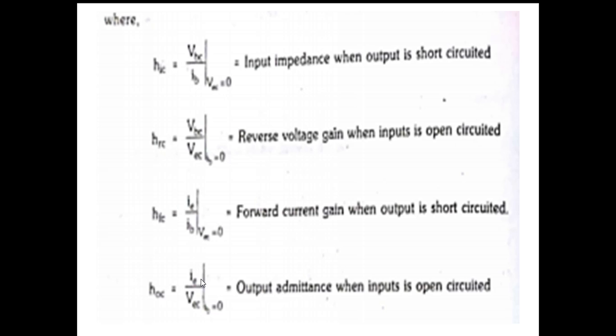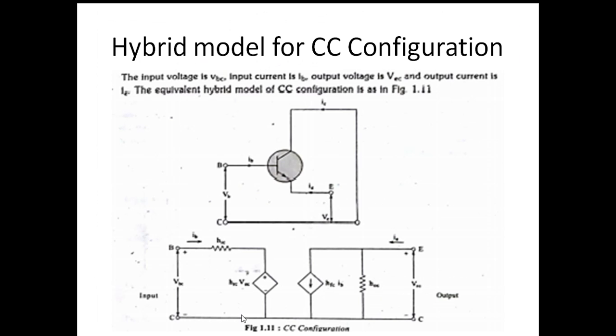Therefore, output admittance is nothing but current by voltage, admittance. These two are output parameters. Output admittance is defined when the input is open circuited, that is, input current becomes zero. Okay, this is the hybrid model for common collector configuration.